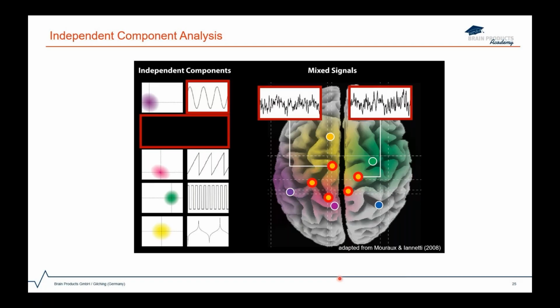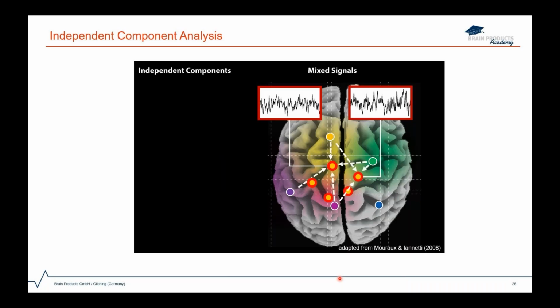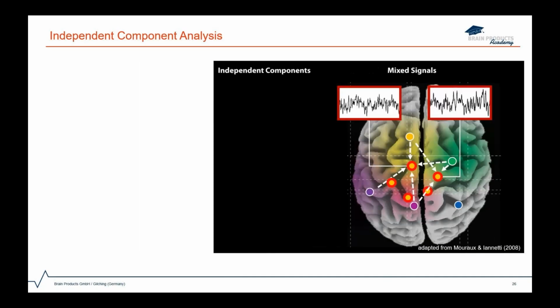And in our case, that pattern is the blinks, the heartbeat, pulse, and the eye movements. So as you can see here, now the influence from this blue region is no longer reaching the channels.